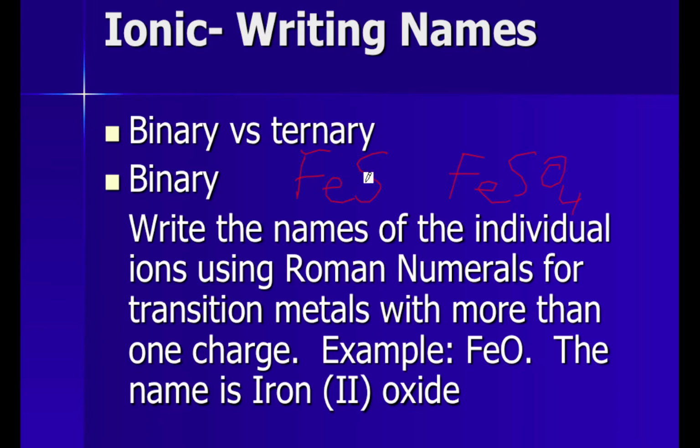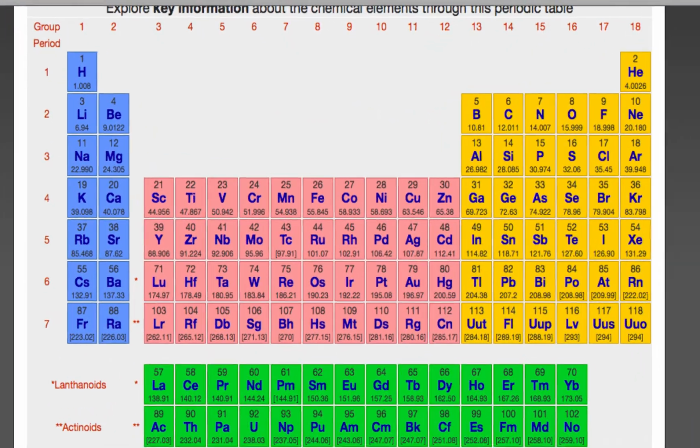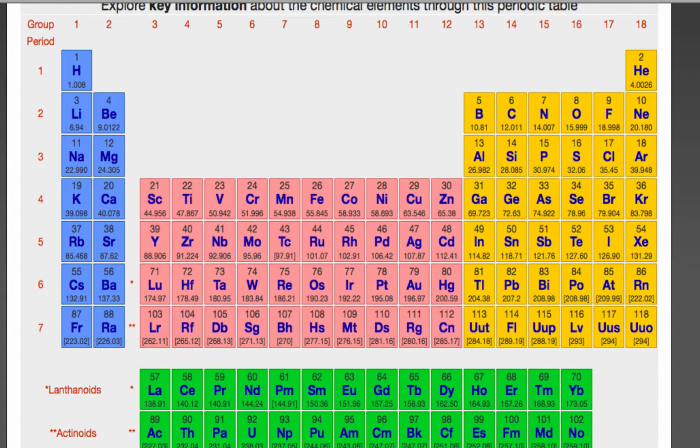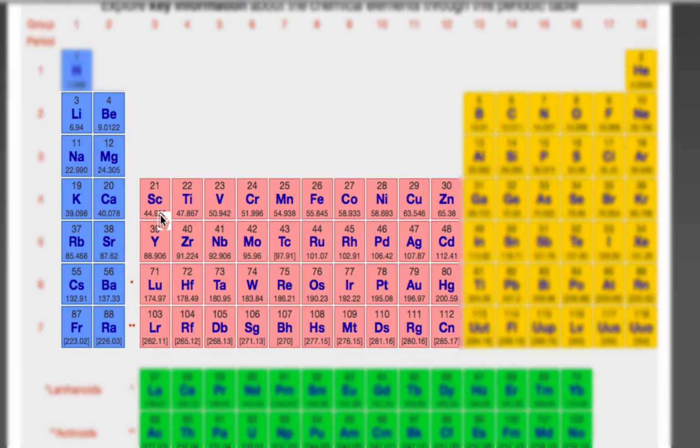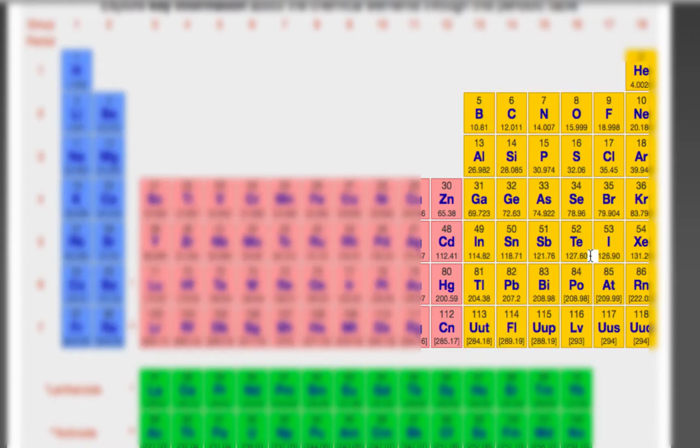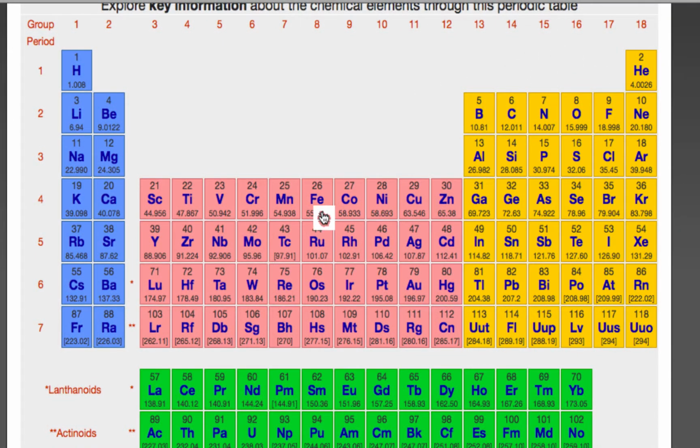Well, let's take a moment and look at the periodic table. If you go ahead and haul out your periodic table, I'll go ahead and haul out mine. The periodic table here, you guys know that this part over here, that's metals, right? And this part over here, this is non-metals. Metals always keep their name. That's iron, that's molybdenum, that's titanium.